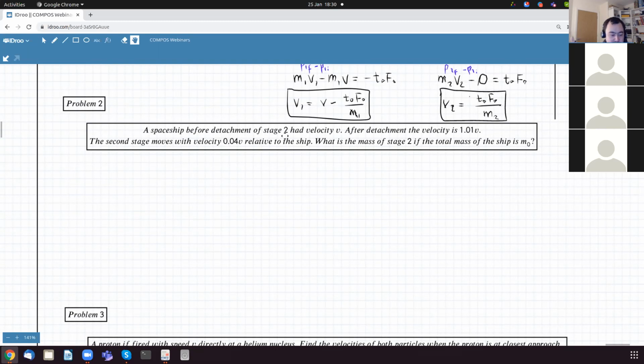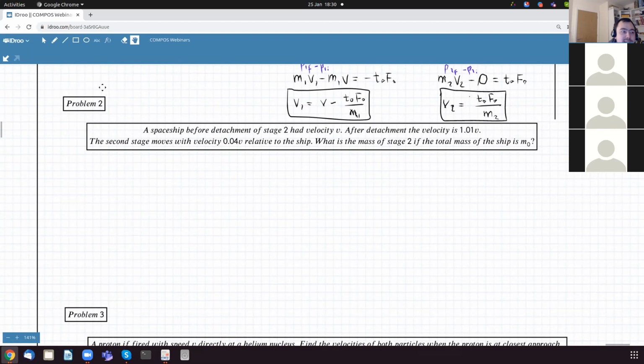The third stage is where you put the astronauts and satellites and everything. Spaceship before detachment of stage 2 had velocity v. After detachment, the velocity is 1.01 v.